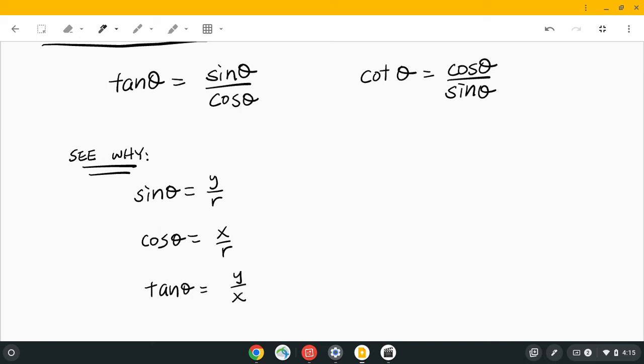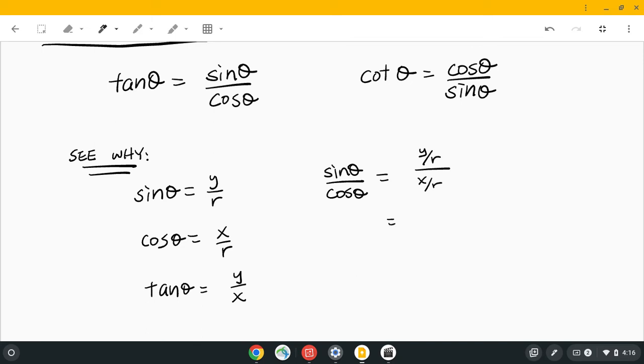So if I take sine theta over cosine theta, let's see what we get. Sine theta is y over r, and cosine theta is x over r.